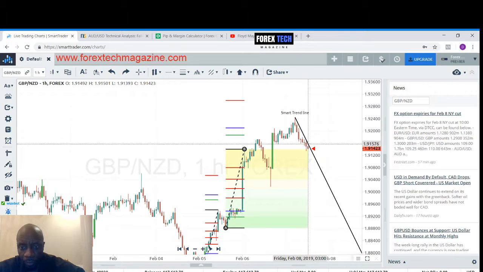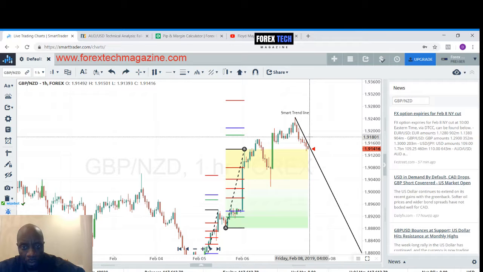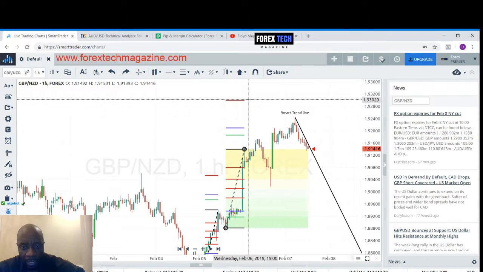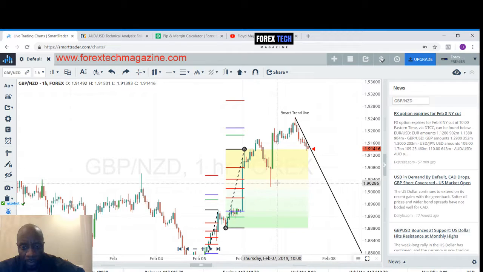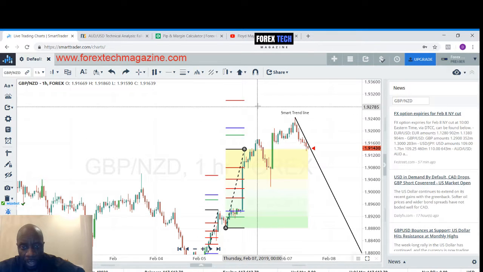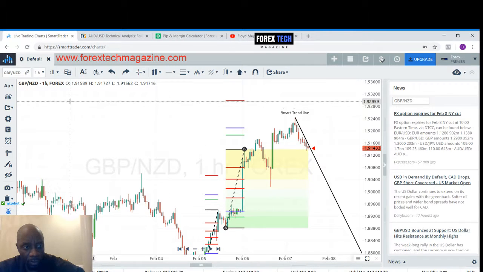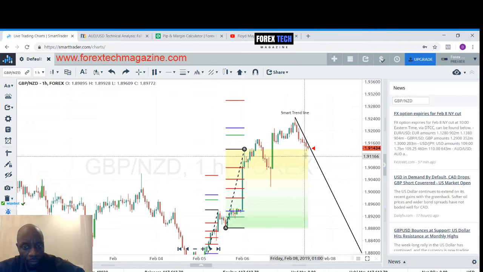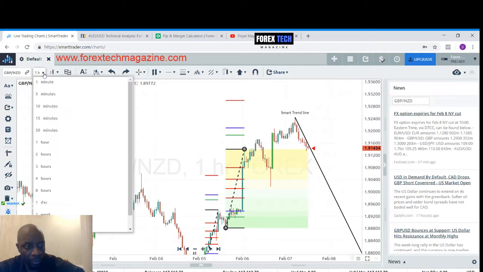And as price crosses back above this counter trend line, we'll be looking to buy. Right now, because price drove back into the red, our take profit would be here. This is for the Great Britain Pound New Zealand dollar. So right now it's a hold, but once price crosses back over through the red, then it definitely looks like it should be a buy for us.